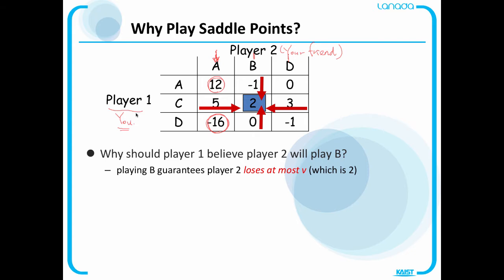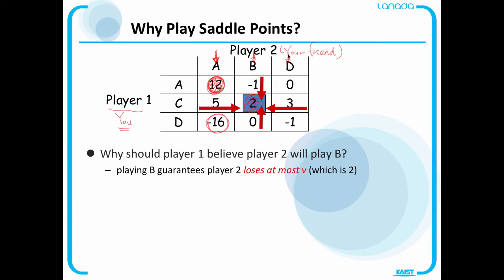So player 2 is trying to apply the safety rule, meaning that in the worst case, if I choose A, I get a 12 payoff. That's the maximum loss for A. If I choose B, what's the maximum loss? The maximum loss will be 2.